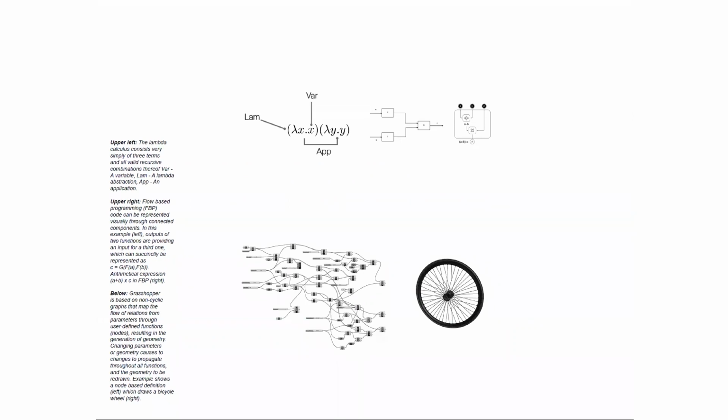So Grasshopper is basically a flow-based programming kind of language. And in Grasshopper, if you ever played with it or worked in it, there are these components which are basically functions, and data comes from the left, goes into the function, and gets spit out on the right. And basically the data goes more or less from the left side of the canvas to the right side of the canvas. So there's this idea that the data flows through these functions.